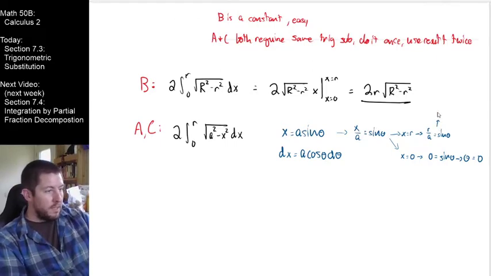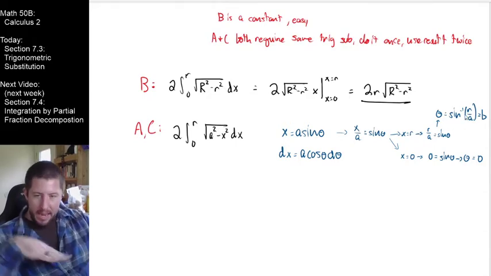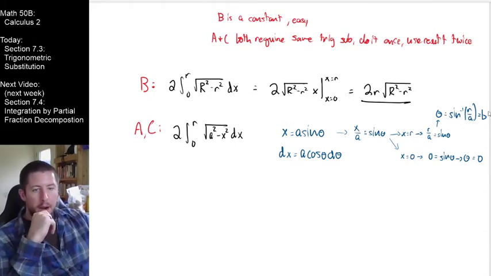This is going to tell me that theta equals sine inverse of r over a. And because I don't want to write that expression a whole bunch of times, I'm just going to call that b for right now. But at the end, we're going to need to come back in and throw that expression back in. I'm going to introduce the letter b to be the sine inverse of r over a. And that is our new upper bound.